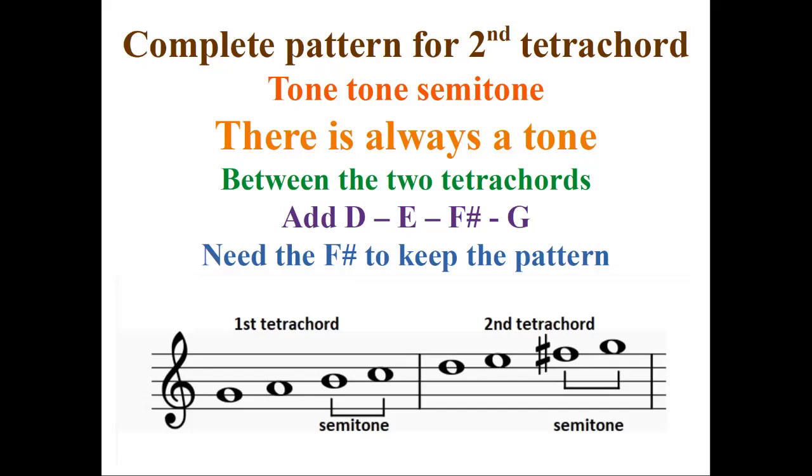We need the F sharp to keep the pattern. So you see it's D, E, and we need the semitone between the F and the G, and between F and G is actually a whole tone. So in order to get that semitone, we make the F a sharp, and then we have the semitone between the third and fourth notes of that tetrachord.